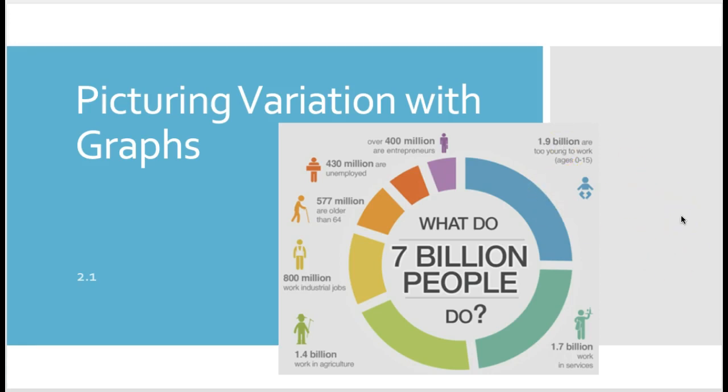So chapter 2 is about picturing variation with graphs. In chapter 1, we're really answering questions about the graph: who collected the data, how was it collected, what type of variables are we dealing with, and what was the size of the sample.